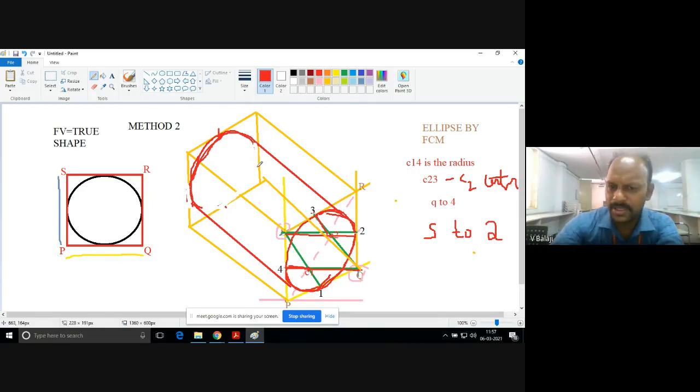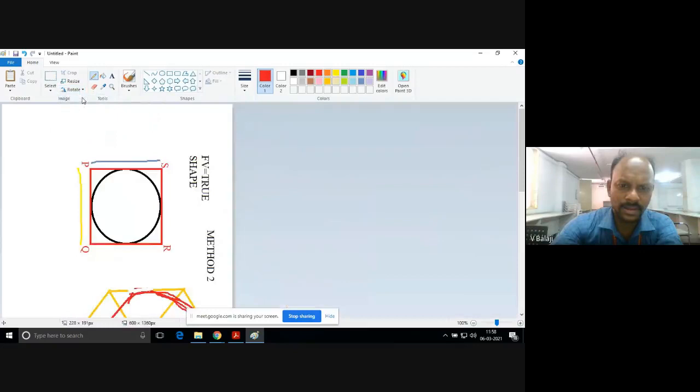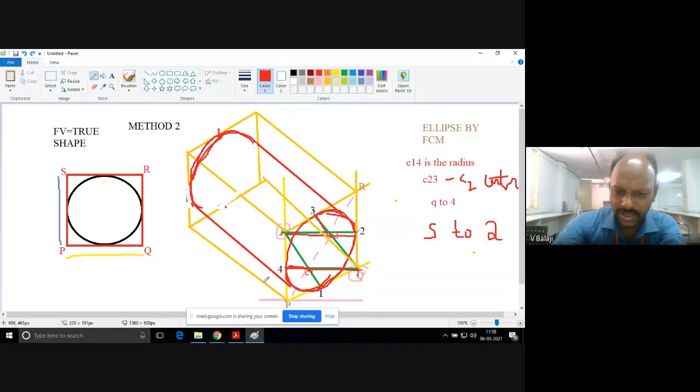Okay. Can I draw the same figure in another way? Here I have taken these 30 degree lines to the left hand side, right?